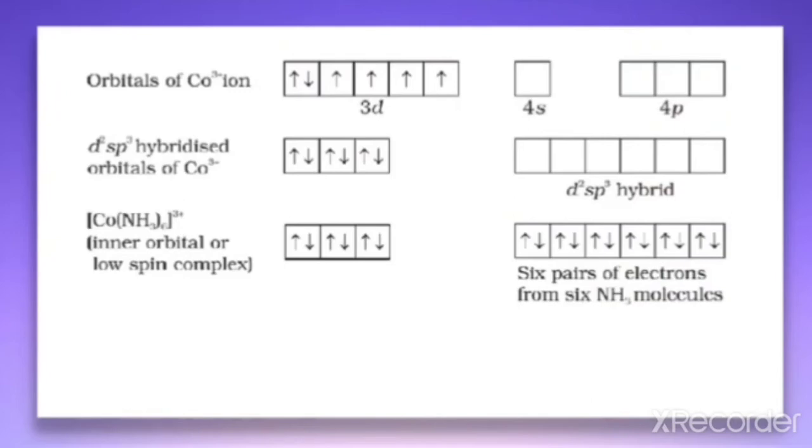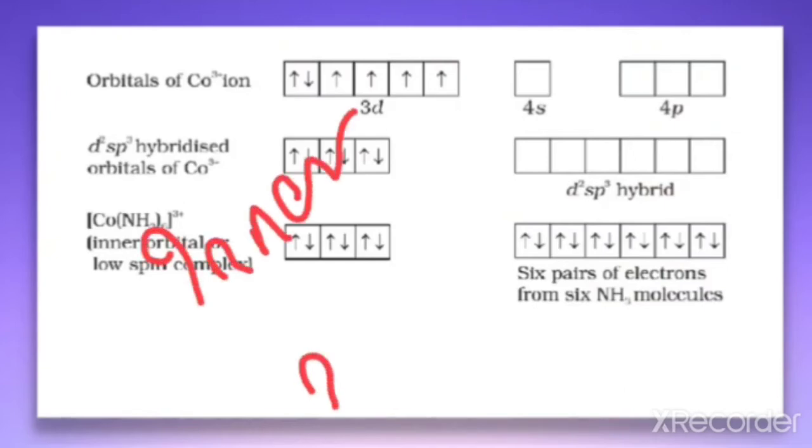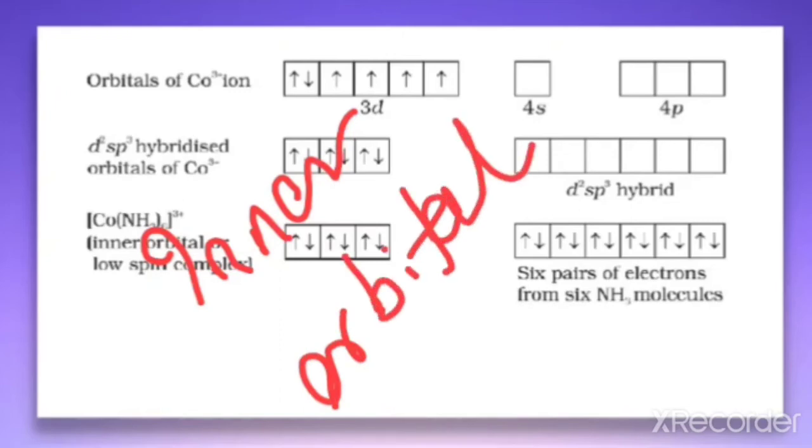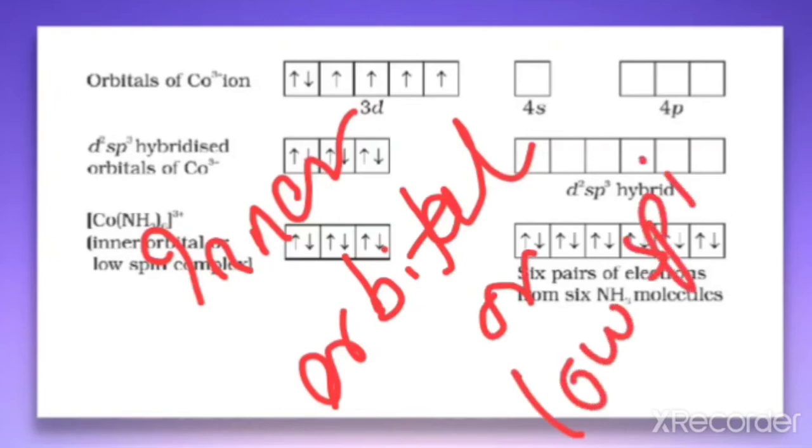Because the hybridization involves the inner d orbitals, this type of hybridization results in the formation of a complex called an inner orbital complex, or it is also called a low spin complex. This is very important. Why is it called an inner orbital complex?